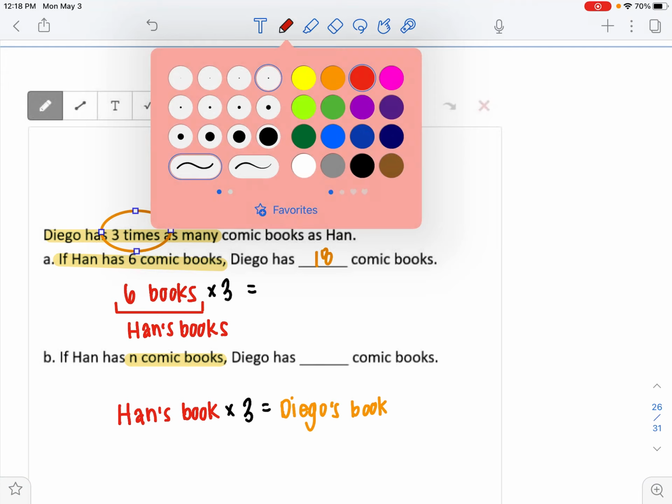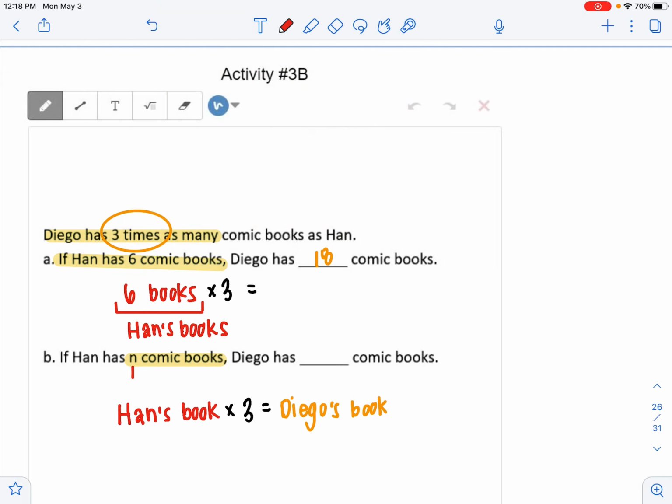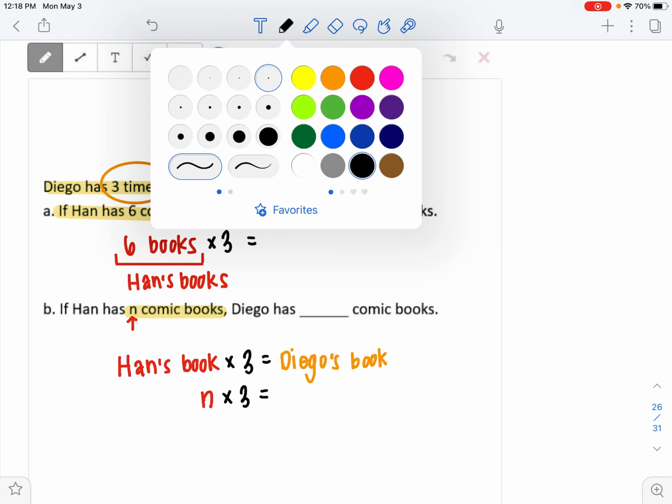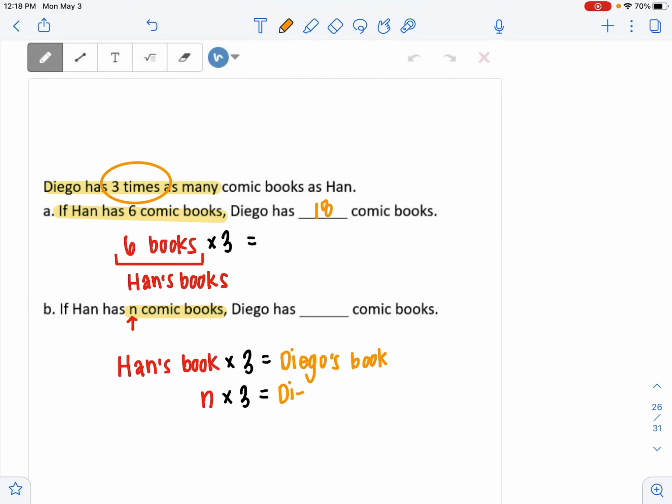In this part of the question, they're telling us that Han has n books. So in other words, instead of writing this equation as Han's books times 3, n is just a placeholder for the mystery number of books that Han has. N times 3 will tell us how many books Diego has. Now we know that in the algebra world, instead of writing n times 3, we can write 3n. And that simply means multiplication.